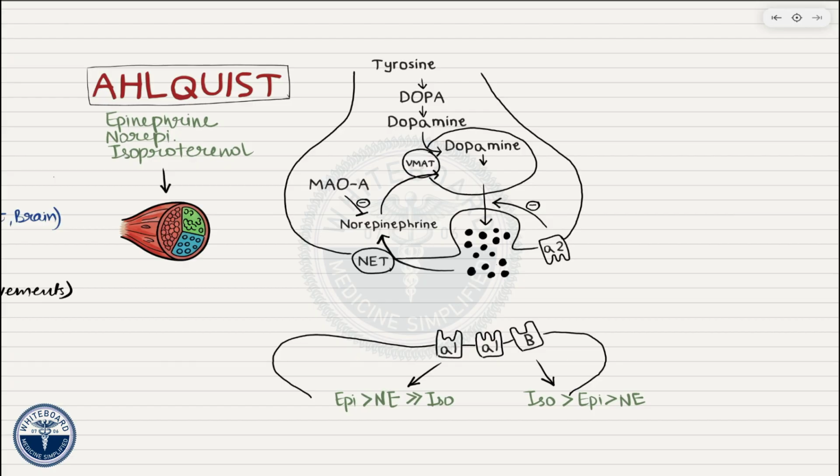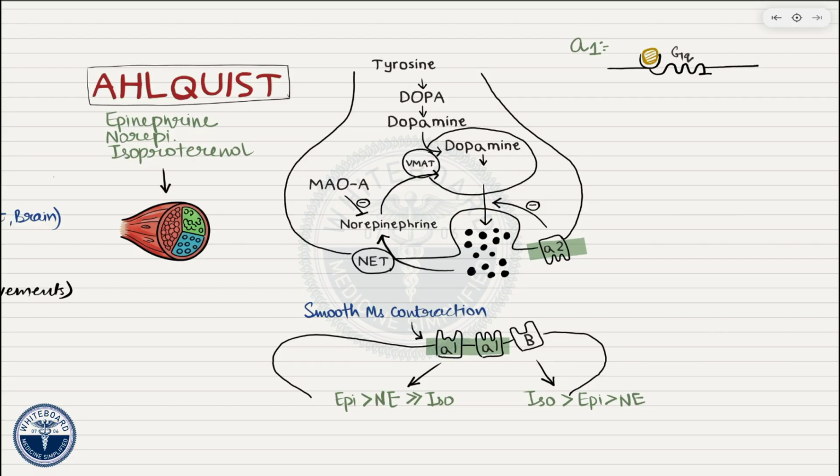Let's first talk about the alpha receptors. Alpha receptors are divided into 2 subtypes, alpha 1 and alpha 2 receptors. Alpha 1 receptors are mainly located on the postsynaptic membrane of effector organs and are responsible for many of the classic sympathetic effects, particularly smooth muscle contraction. At the cellular level, alpha 1 receptors are coupled to the Gq protein.